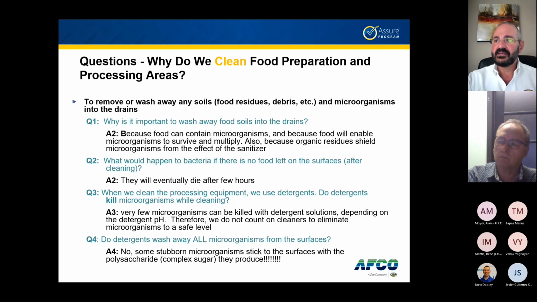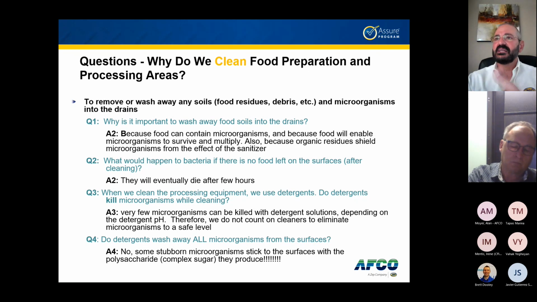Polysaccharide, which is like a gluey material that they coat themselves with, is not affected by a regular detergent. It takes a very specific chemical to penetrate that thin biofilm they use to glue themselves to the surface. We don't get to that level of biofilm when we clean every day, but we have a very, very thin layer of polysaccharide where these stubborn microorganisms stick themselves to the surface.